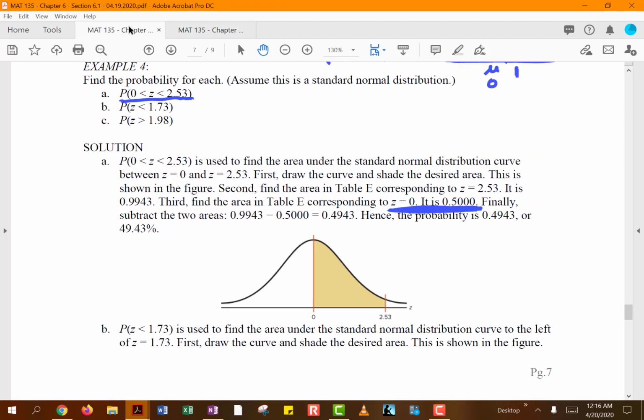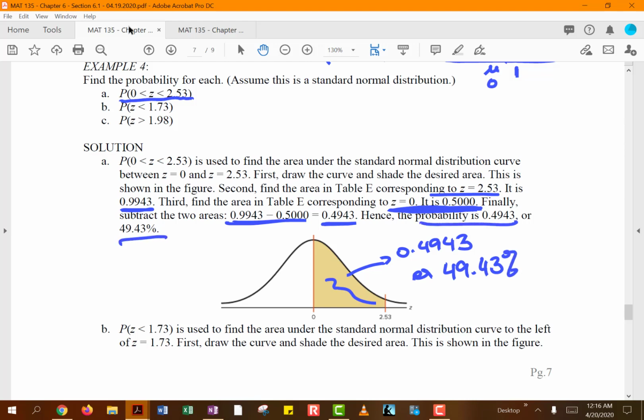So for 2.53, we are at 0.9943. Subtract these two probabilities, and you will have, as an area for the shaded part, 0.4943 in decimals, or 49.43%. So this can be area, but it can also be probability.